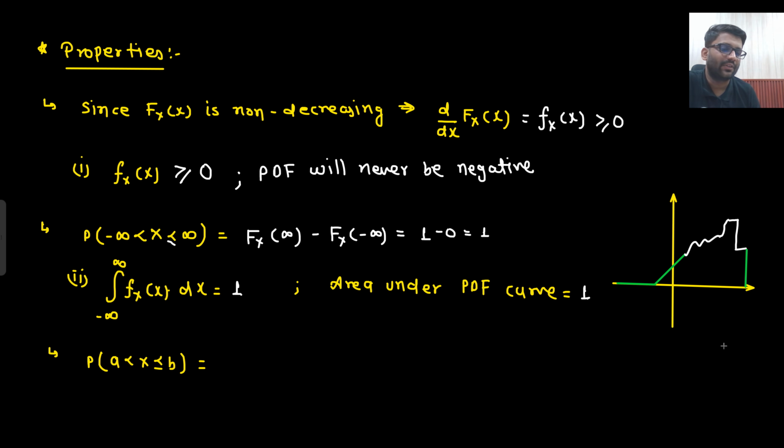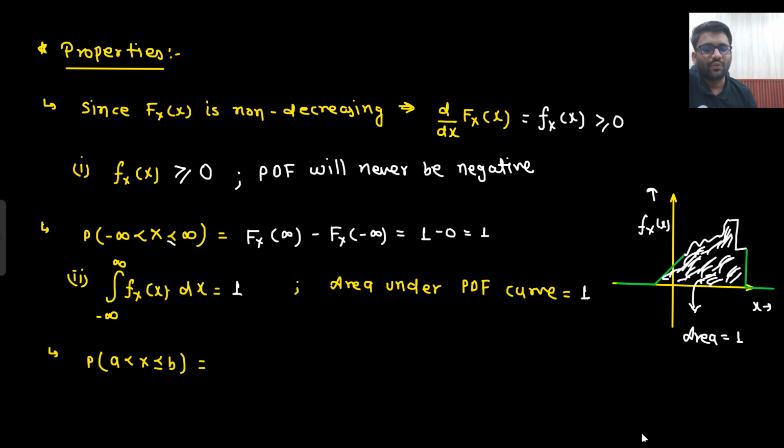This is how your PDF is drawn. It is your fx of x versus x. So if you calculate this particular area, it will always come out to be 1. Why is that so? Because you know that from minus infinity to infinity, x will take all the values. That means probability should be 1 only. Is that clear to you?